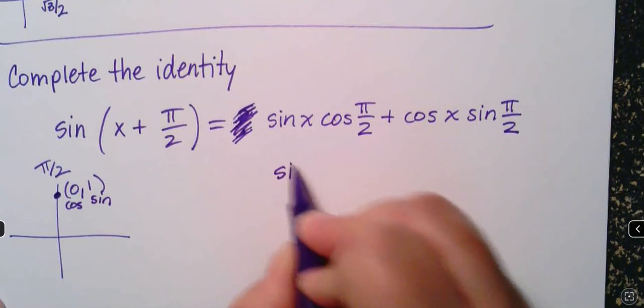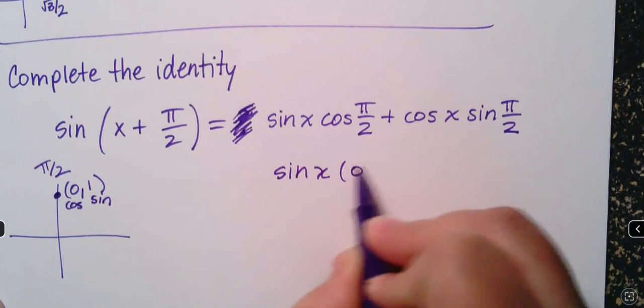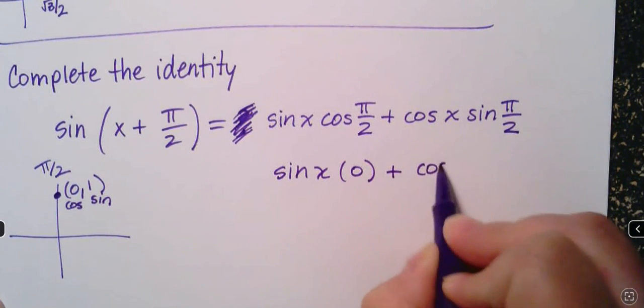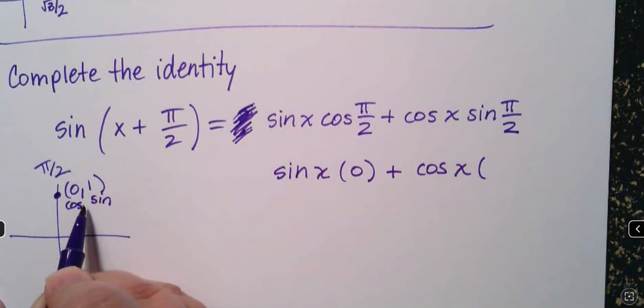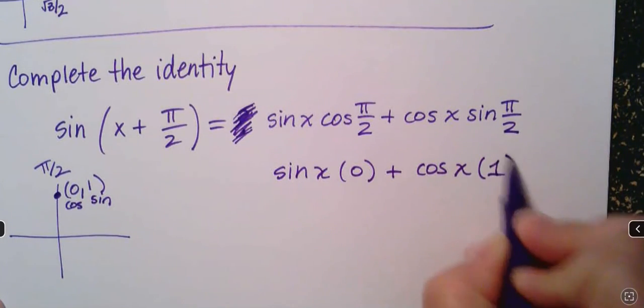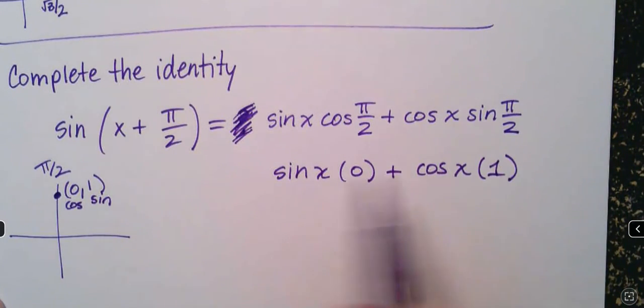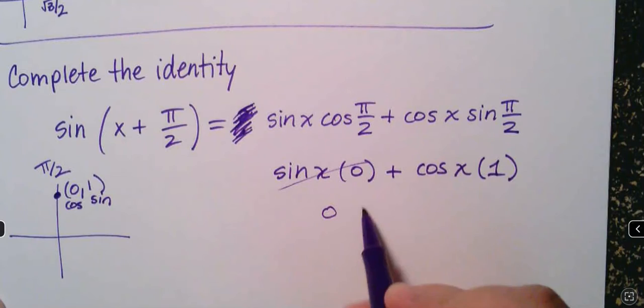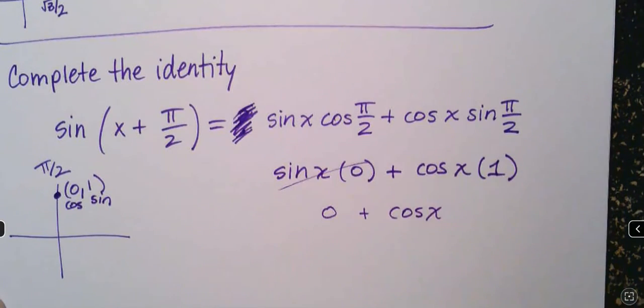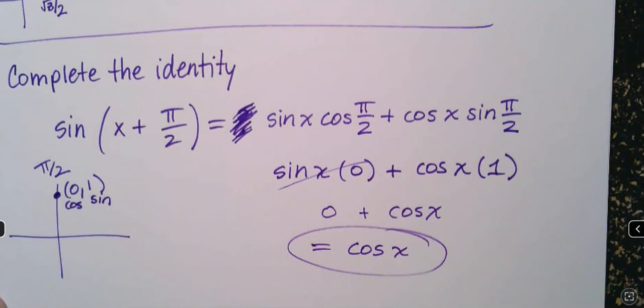So sine of x times 0 plus cosine of x times the sine here, which is 1. So anything times 0 is just 0. And cosine anything times 1 is just itself. So this basically is just going to be the cosine of x. And that's what they're asking me to do here.